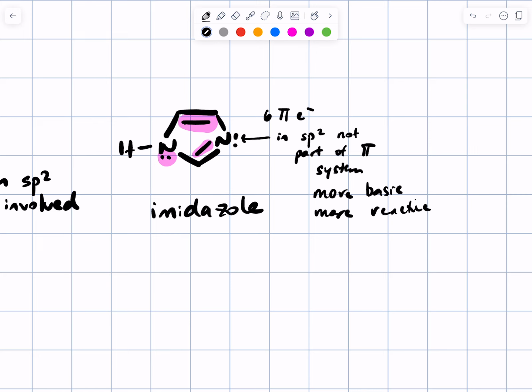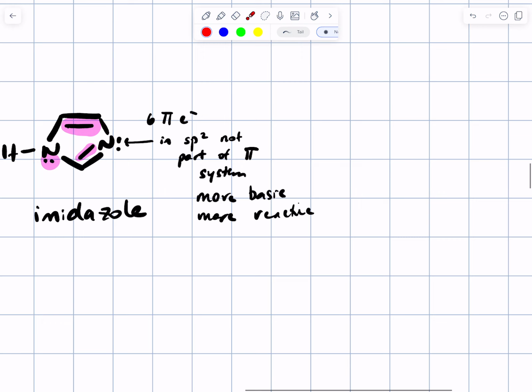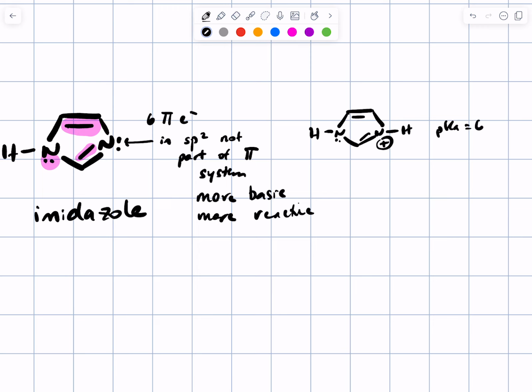Meaning if this molecule were to pick up a proton, it would be on this nitrogen, not on that nitrogen. You've actually seen this before multiple times on multiple exams, especially if you've taken a class from me before. This imidazole side chain has a pKa of 6.